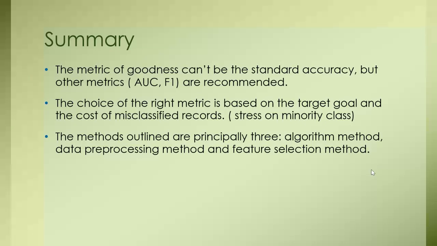It is not always the accuracy, but we have to focus on other metrics like AUC, F1, and other things. The choice of the right metrics is based on the target goal and the cost of misclassified records. We have to stress on the minority class. And the methods outlined are principally three: the algorithmic method, the data pre-processing method, which is nothing but the resampling method, and the feature selection method.